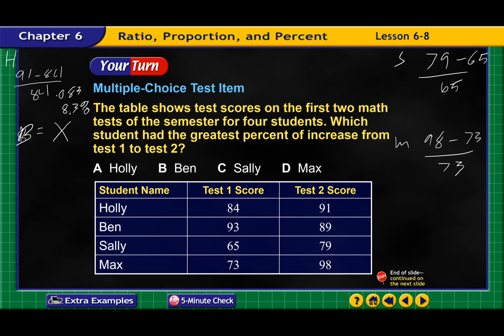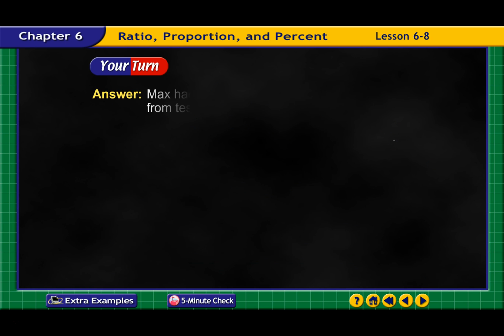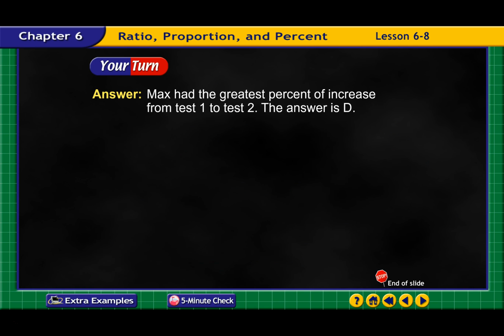Divide that by 65, comes out to 0.215 or 21.5%. 98 minus 73 equals 25. Divided by 73 equals 0.342, which would be 34%. So my answer would be Max, had the greatest increase.